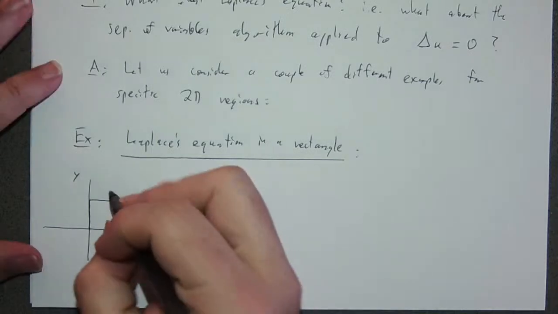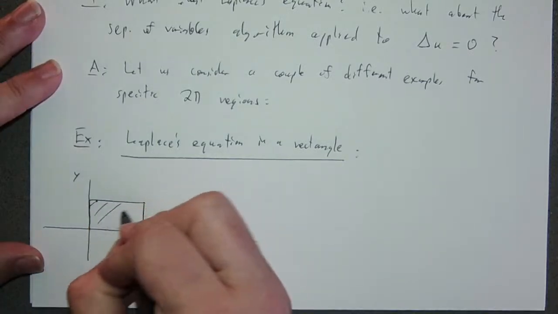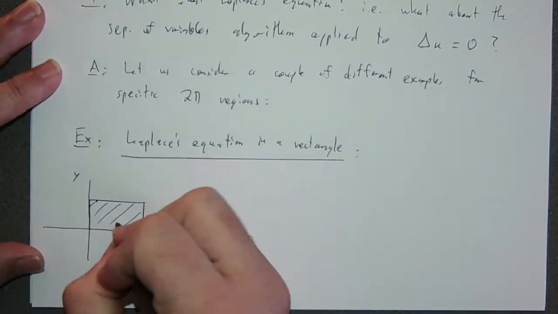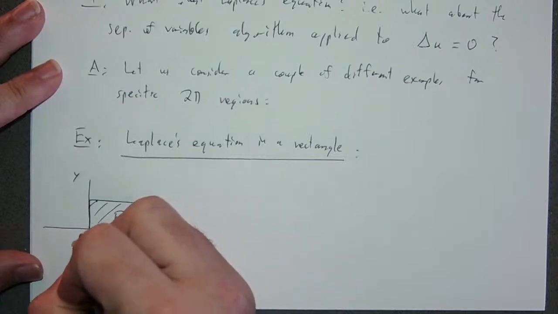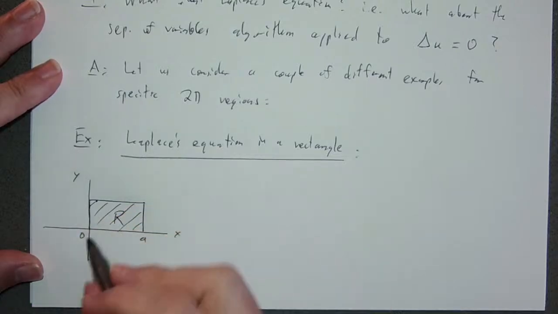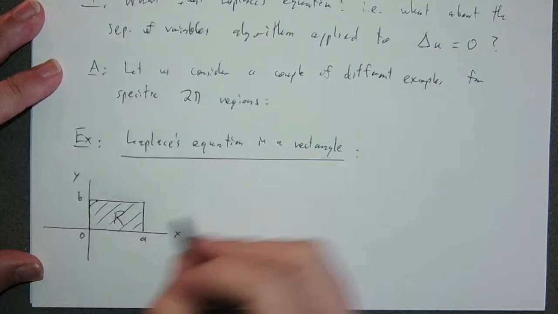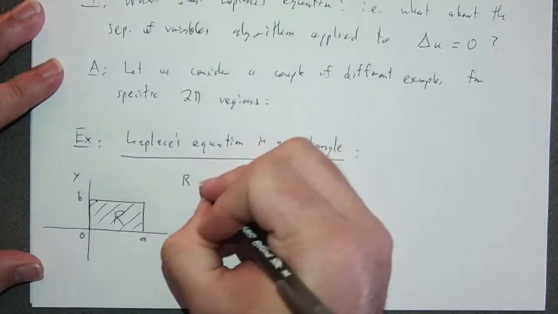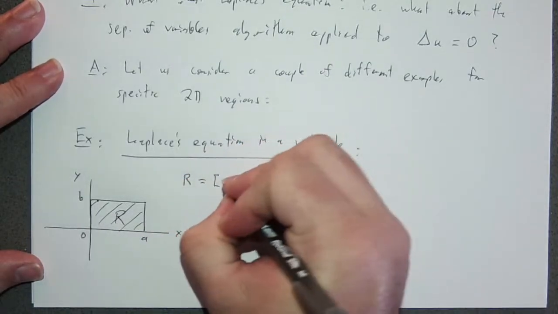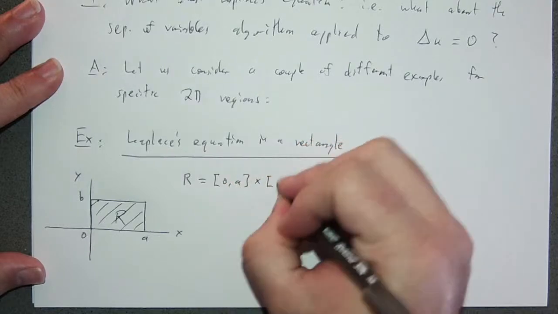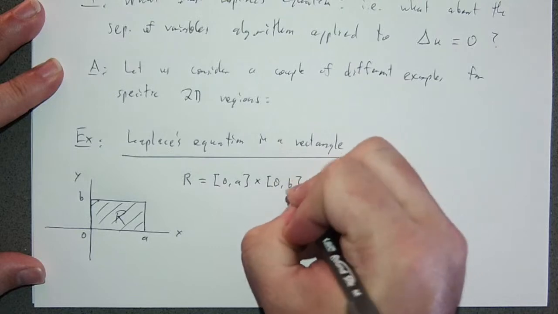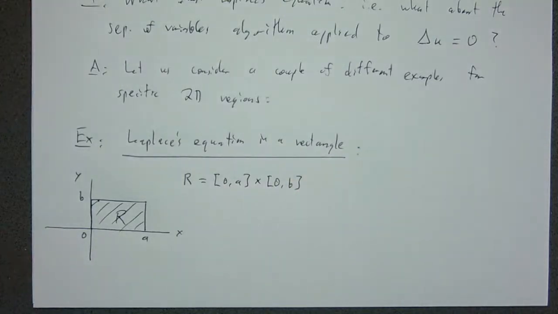Okay, so here's my rectangle. We'll call it R. So here's my region R. We'll say that x goes from 0 to a, and y goes from 0 to b. So this region R is a product of two closed intervals.